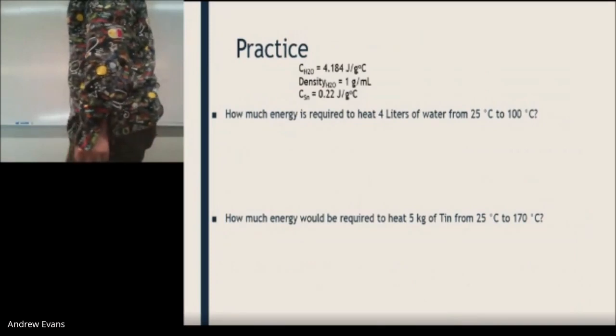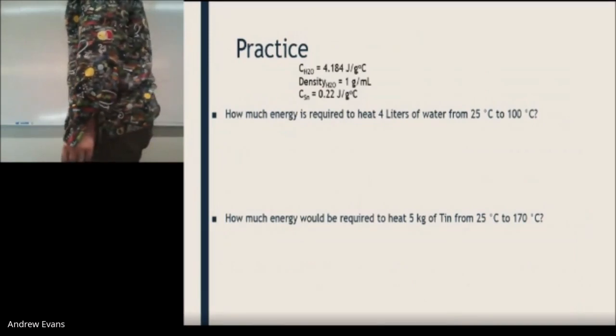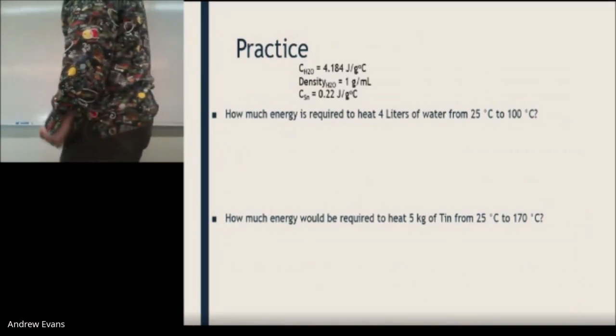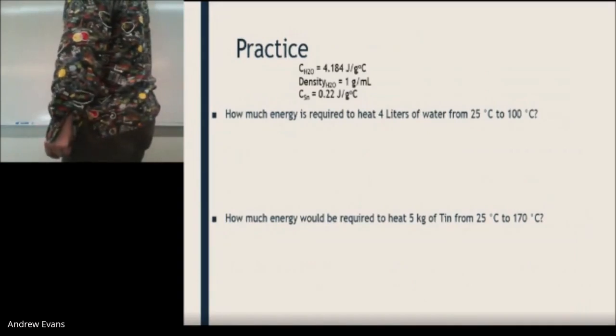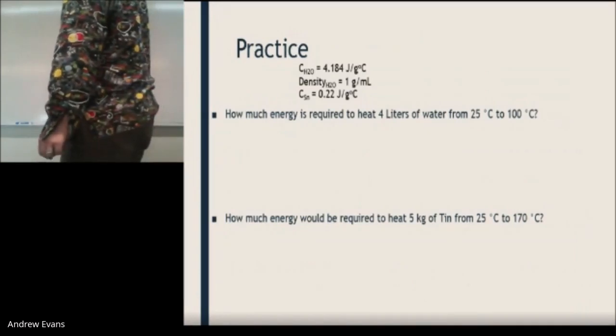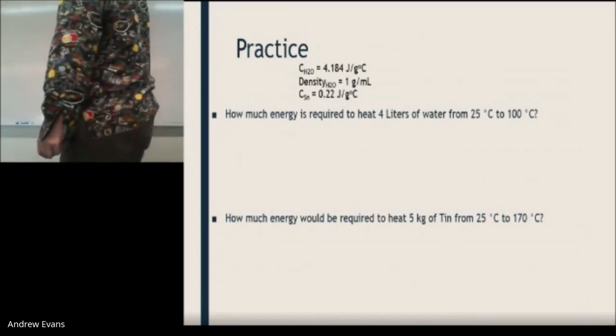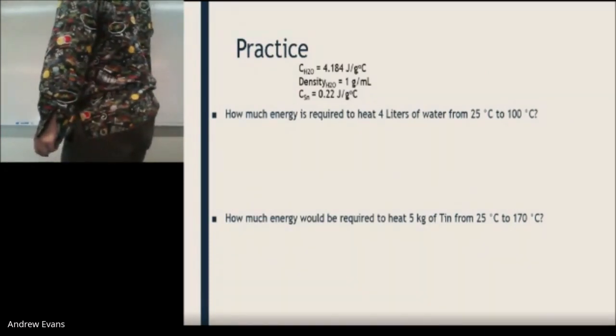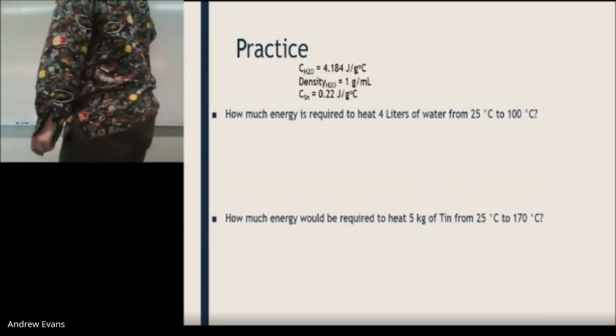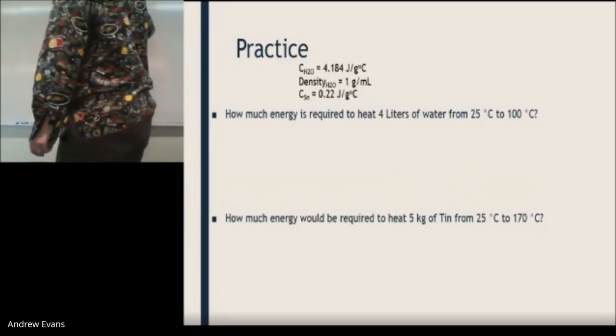For our water, the mass of water is 4 liters, which is not a mass, but we have the density. There are 1,000 milliliters in 1 liter, and there is 1 gram per 1 milliliter.